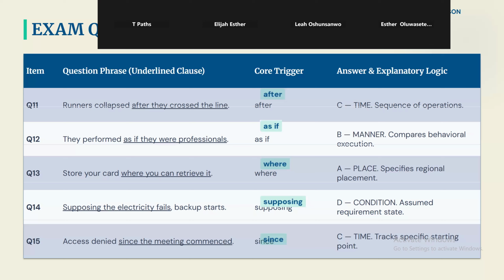Supposing is the condition there. So you can easily reason this, like you can see from this conditional statement, supposing the electricity fails, backup starts. If this doesn't happen, there won't be a consequence. So it's always important you understand the context.